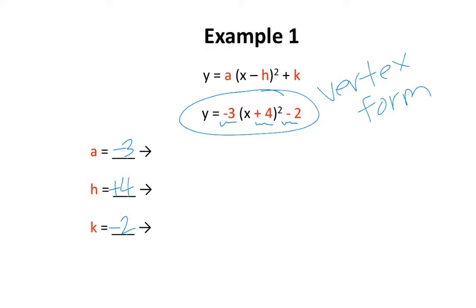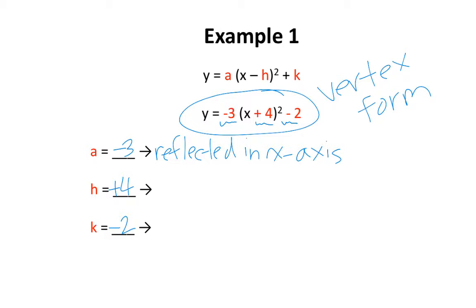Let's take a closer look at the a value. Since the a value is negative, that means that there is a reflection in the x-axis. In other words, the parabola is now opening downwards, so it is frowning.